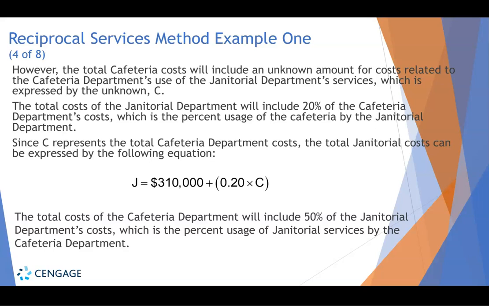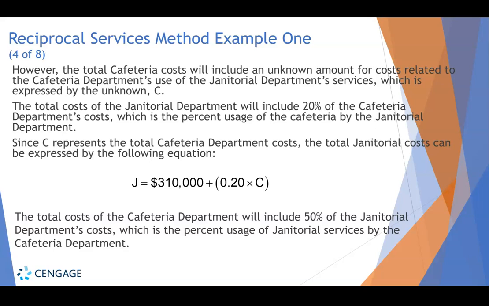The total costs of the janitorial department will include 20% of the cafeteria department's cost, which is the percent usage of the cafeteria by the janitorial department based on employees. Since C represents the total cafeteria department's costs, the total janitorial costs can be expressed by: janitorial cost is $310,000 plus 20% of the cafeteria.